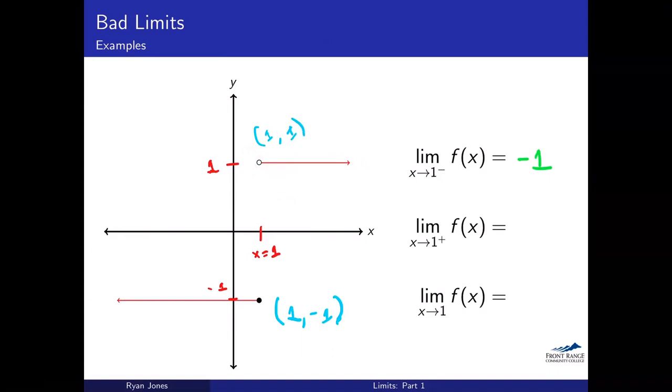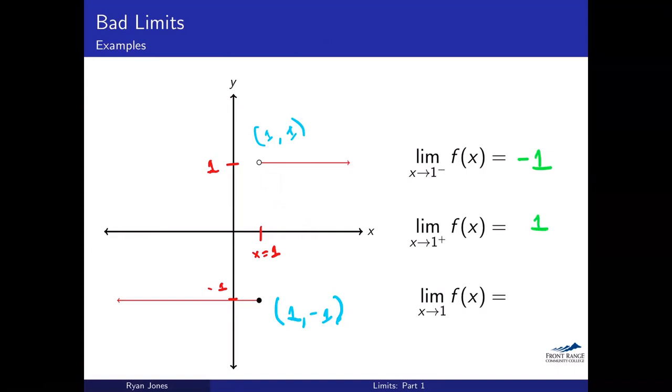It's defined down here. The value of this function when x is equal to 1 is given by this coordinate, which is -1. But I don't care about what the function is defined as. I care about what the function approaches. And that's why the answer here for this right-sided limit is going to be +1 as opposed to -1.